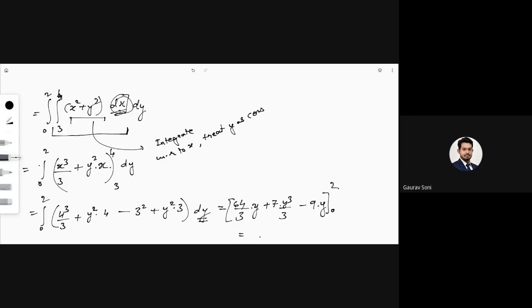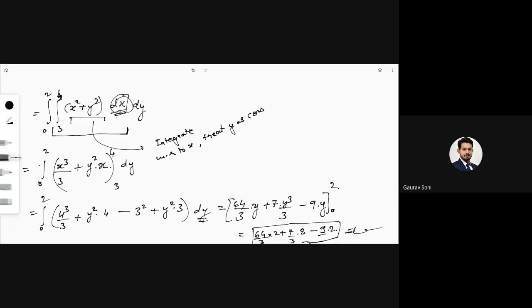So when you put the upper limit, 64 by 3 into 2 plus 7 by 3 into 2 cube, which is 8, minus 9 into 2, 18. So whatever the final answer that you get here.